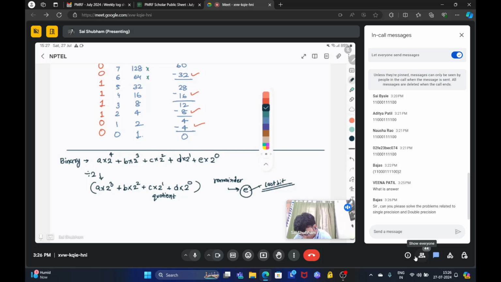So what we need to do is recursively divide by 2 and get the remainder, and that will form our binary representation. So it will go like this.